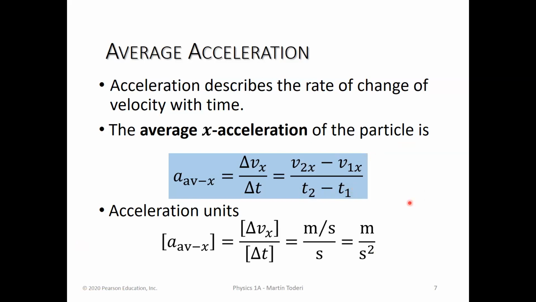And the units in this case, please take a look at this. The units are meters per second over second. And what does that give us? That's meters per square second. So that's the unit of the acceleration.